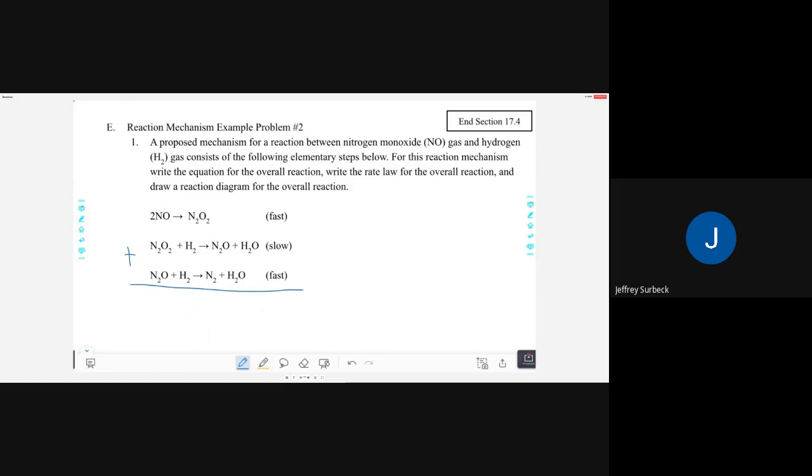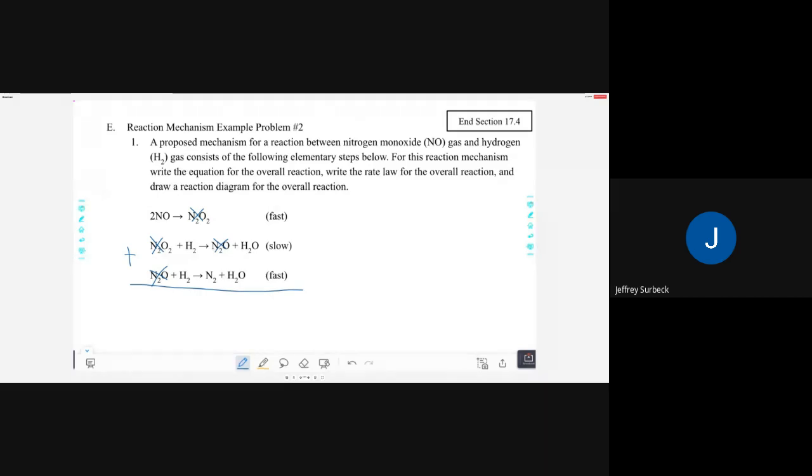N2O. All right, N2O is produced in that middle step, used later in the final step. It's known as an intermediate. There's one more item that can be crossed out. Yep, N2O2. Again, it is an intermediate because it's produced in that first step, used in the second step. Now we just add everything together.